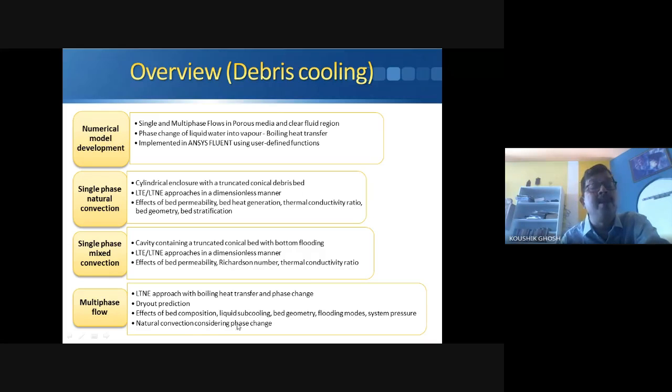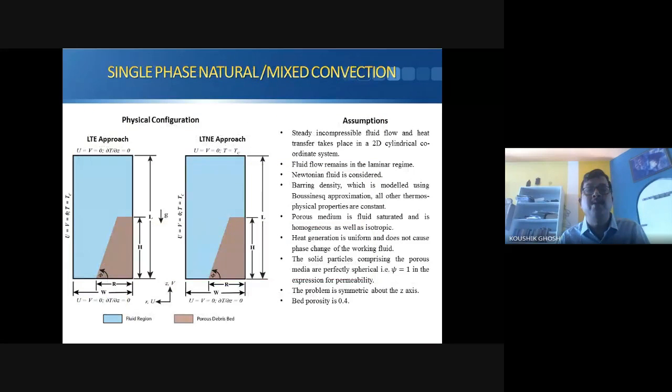All these aspects have been checked to estimate the dry out heat flux. Moreover, he also solved the dry out mechanism, how the dry out point shifts from situation to situation inside the bed. That has also been solved by Dr. Chakraborty.